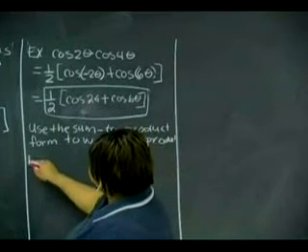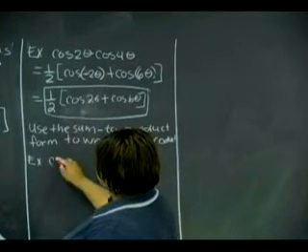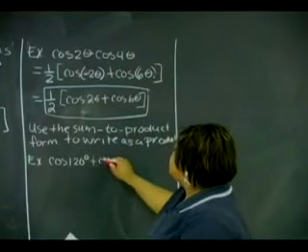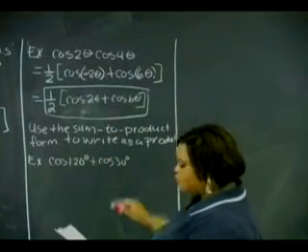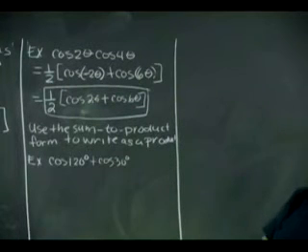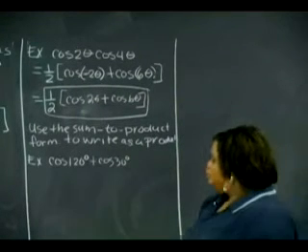So, first example, we have cosine of 120 degrees plus cosine of 30 degrees. And we want to use the sum to product formulas now. So which one are we going to look at?